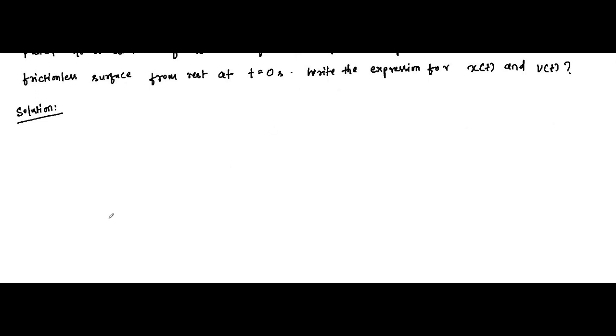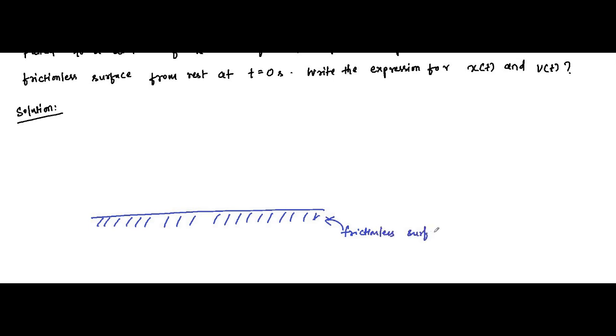So first we have a frictionless surface. Then we have a spring, which is connected to a mass.